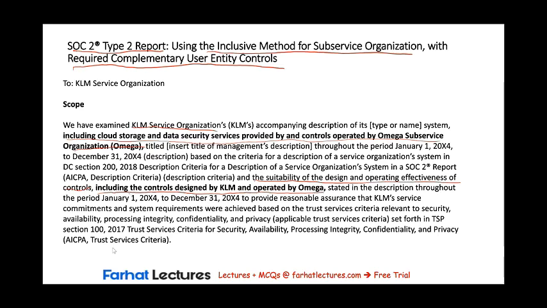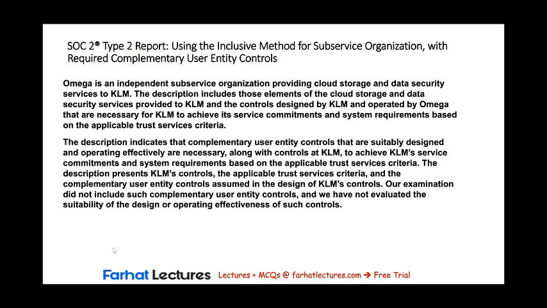We're adding also two paragraphs to the scope section. One paragraph to mention the subservice organization and the services it provides, and to mention that the controls designed by the service organization and operated by the subservice organization are necessary for the service organization to achieve its service commitments and system requirements.